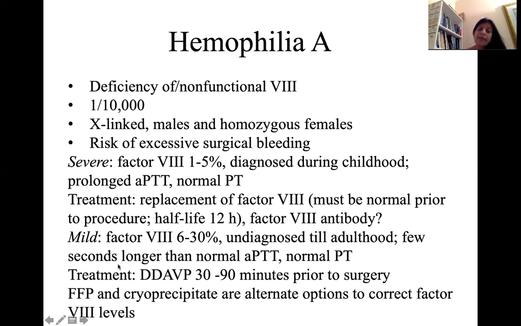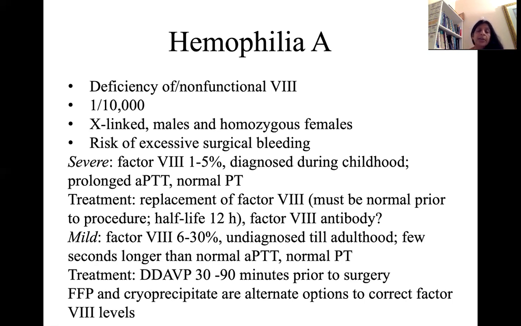In the mild form, the amount of factor 8 is about 6 to 30%. So this is not going to be noticed until adulthood. And then the APTT is only a few seconds longer than normal, and the PT is normal.